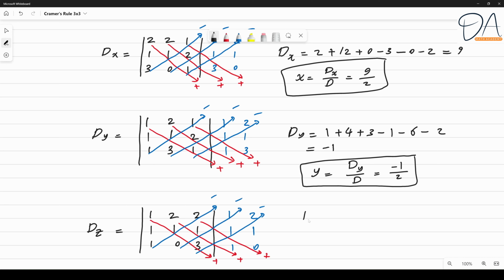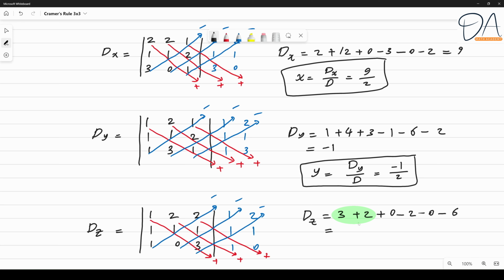So dz is equal to the first positive diagonal 1 times 1 times 3 gives us 3, the second one 2 times 1 times 1 gives us 2, the third one 2 times 1 times 0 is 0. Now the negative diagonals: minus 1 times 1 times 2 gives us 2, 0 times 1 times 1 gives us 0, 3 times 1 times 2 gives us minus 6.